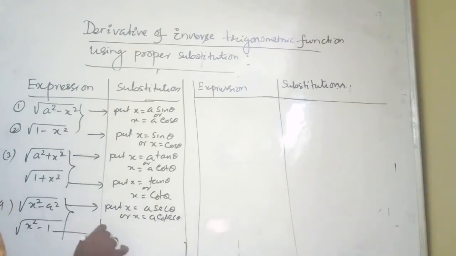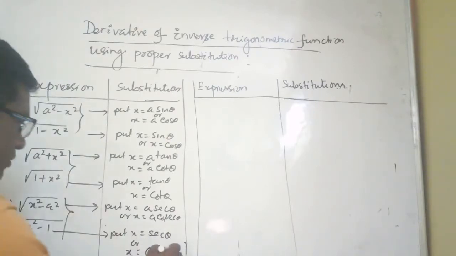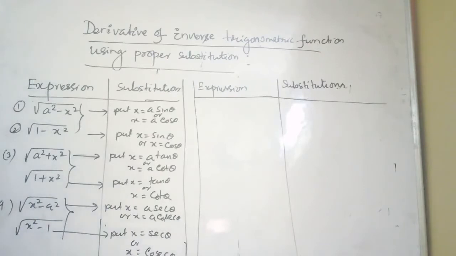For this put x is equal to sec theta or x is equal to cosec theta.